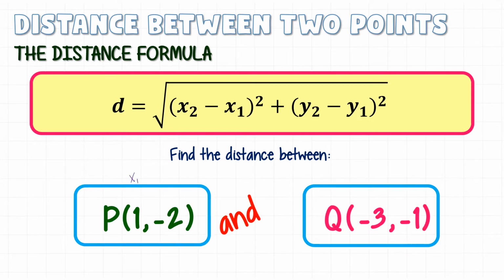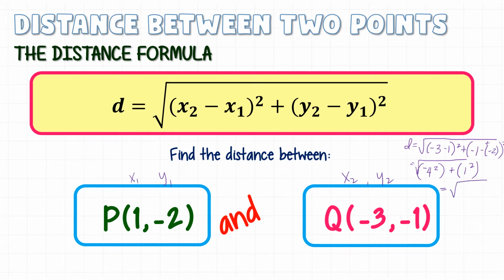Okay, another one. We have this x sub 1, y sub 1, and then x sub 2, y sub 2. Distance is equal to the square root of (negative 3 minus 1) squared plus (negative 1 minus negative 2) squared. So we have negative 4 squared, and negative 1 magiging plus 2 is 1 squared.